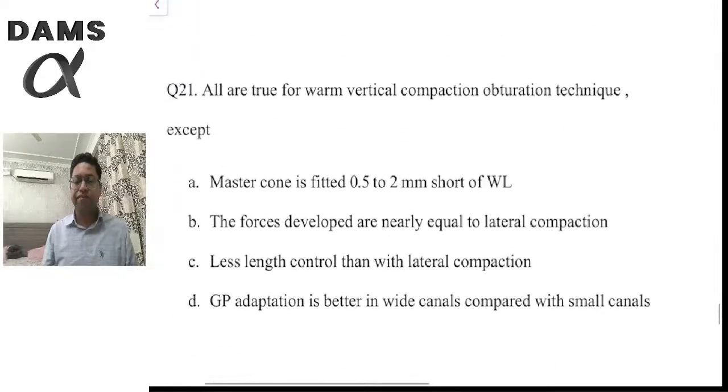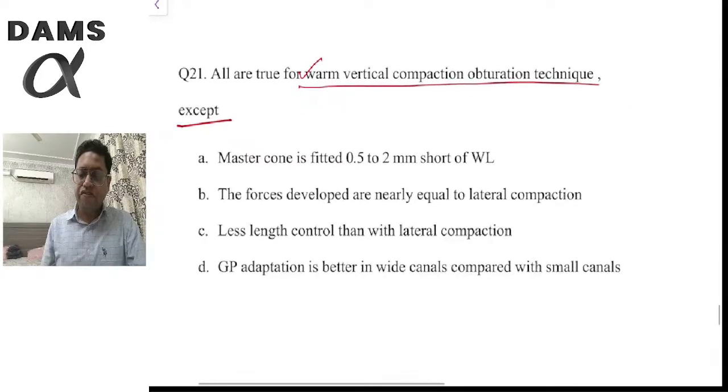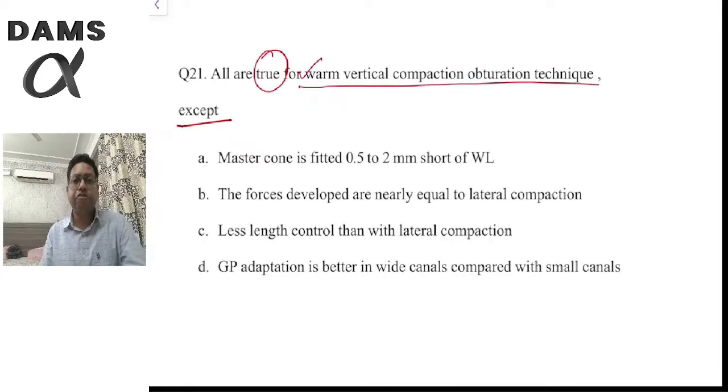Question number 21. All are true for warm vertical compaction obturation technique except, which is not true. All are true except the master cone is fitted 0.5 to 2 millimeter short of the working length.